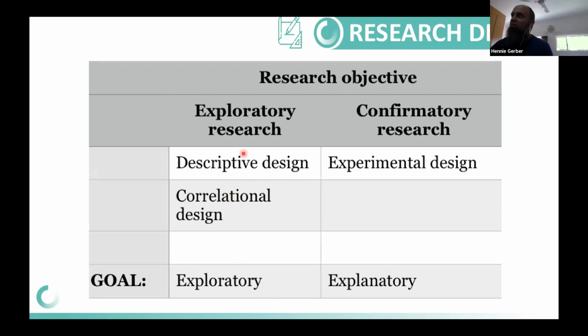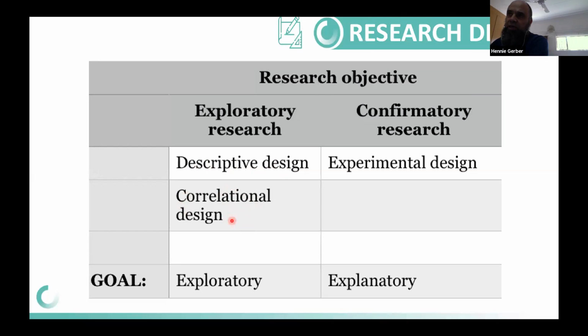Now, what is a descriptive type of research design? That's when you just want to describe. You'll mostly do statistical analysis with descriptive statistics. So in a master's, you can do a little bit of statistical tests, but your main focus would be to describe. If you follow a correlational design, it will be on relationships.